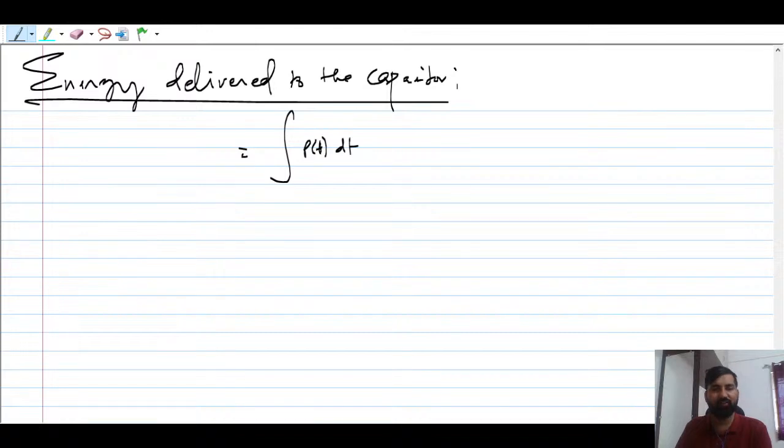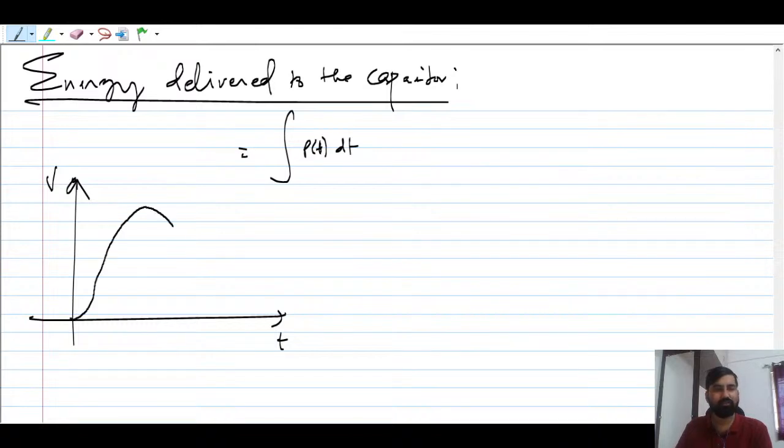Suppose you have got a voltage curve. Let me show you: V versus time t, and your voltage is like this. Initially the voltage is 0 here, so the energy is going to be 0.